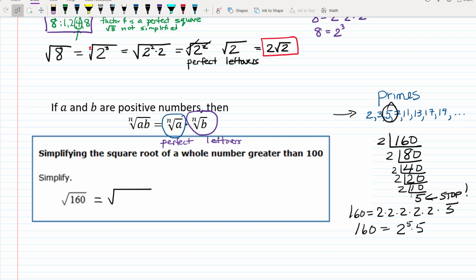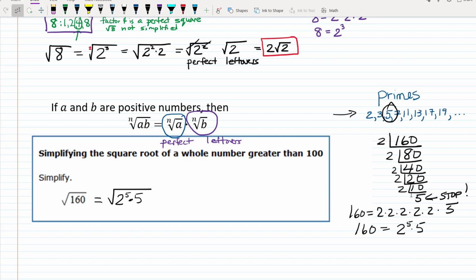Thinking of 160 as this 2 to the 5th times 5, I have to take the square root of 2 to the 5th times 5. Okay, but I want to break this apart so that I have perfect squares and leftovers.